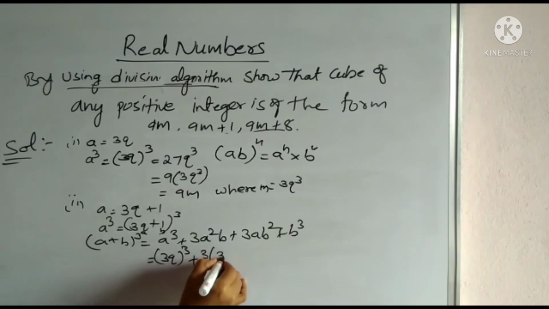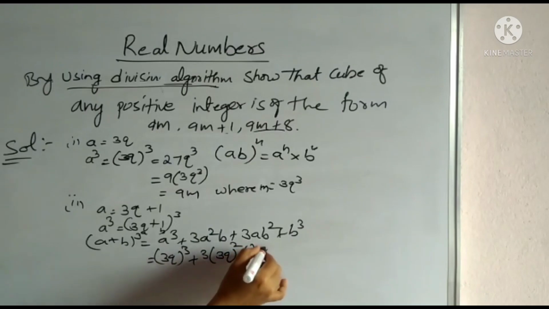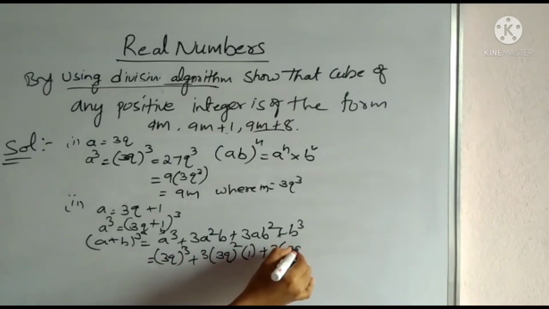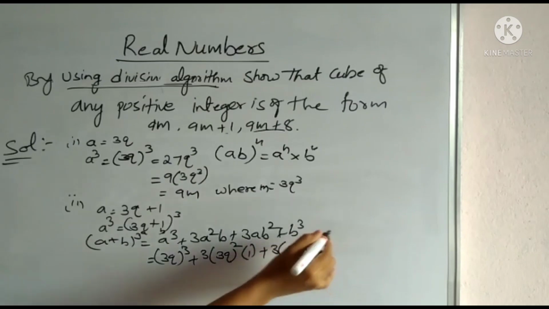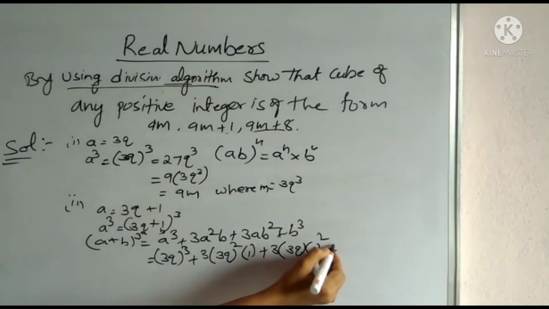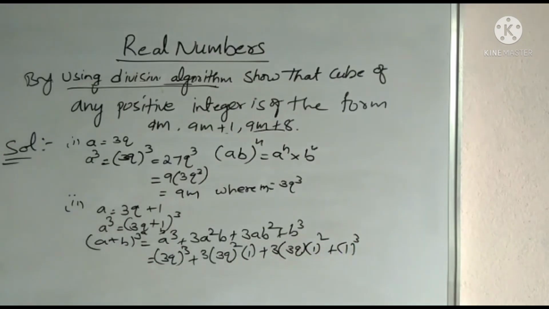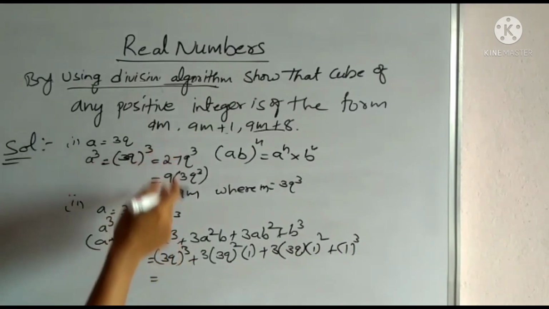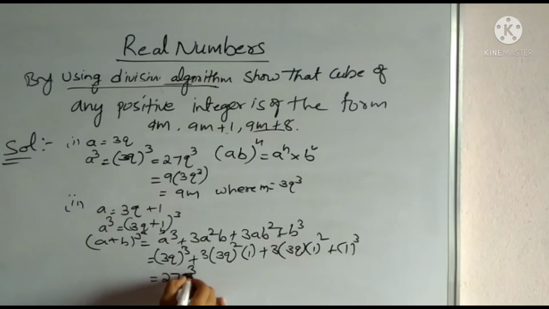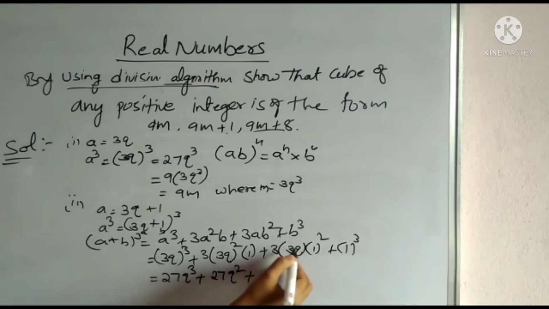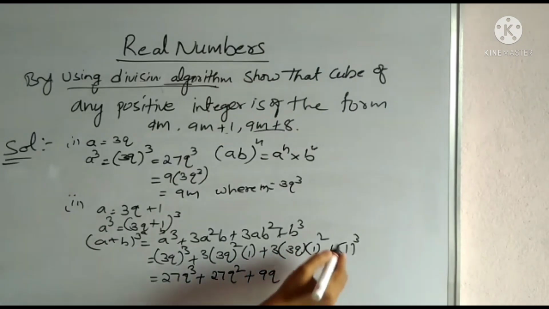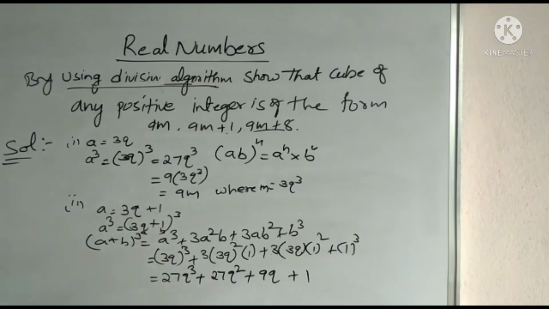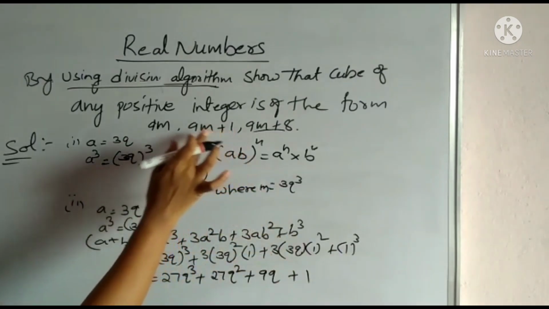Just simply substitute those values. 3q whole cube plus 3 into 3q square into 1, plus 3 into 3q into 1 whole square, plus 1 cube. 3 cube means 27q cube plus 3 square 9, 9 3s are 27q square plus 1 square 1, 1 into 3 is 3, 3 3s are 9q, plus 1 cube is 1 only.